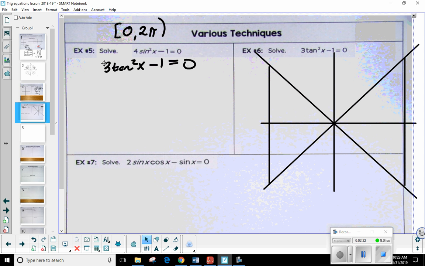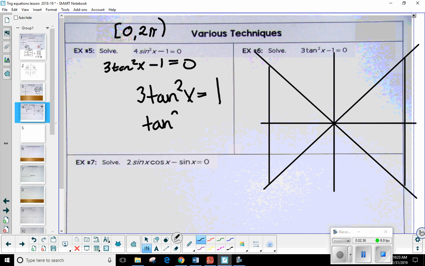Okay, so I'll take care of the triangles. We just need to isolate tangent. Okay, so first we add the 1 over. Then he divided through by 3. And to get tangent from tangent squared, I'll take the square root. Yes.